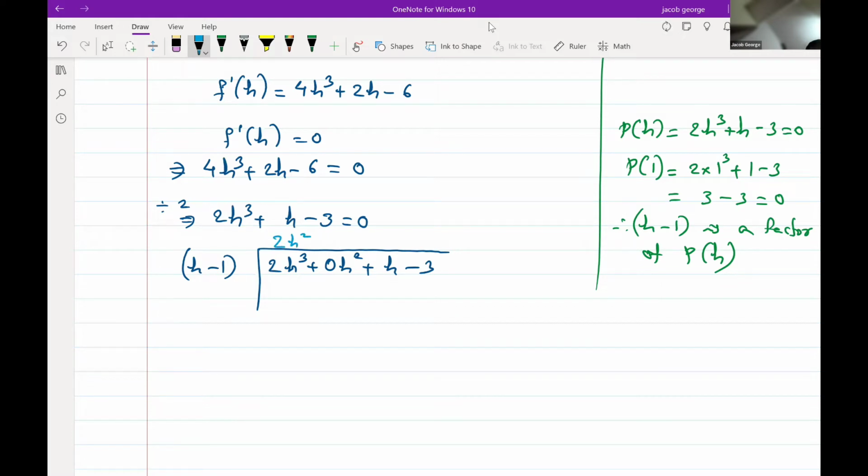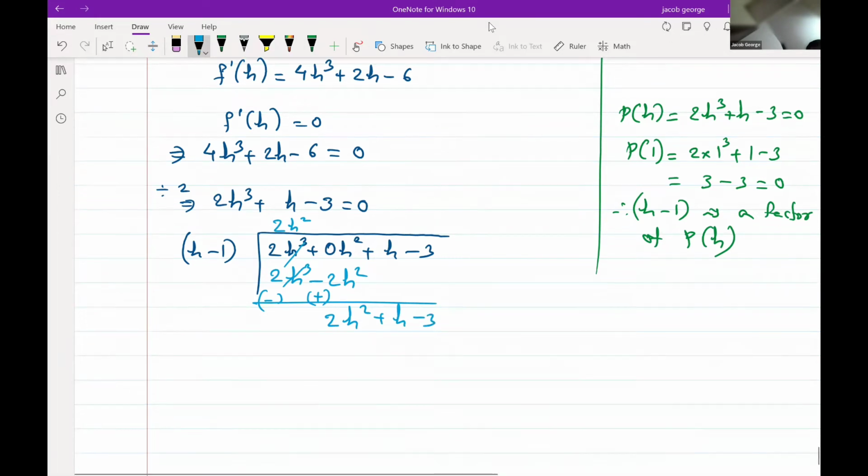Then multiply 2h square into h is 2h cube, and 2h square into minus 1 is minus 2h square. Then you will subtract. This goes minus, so this will be plus. These two will go. 0 plus 2, 2h square plus h minus 3. 2h square by h is 2h.